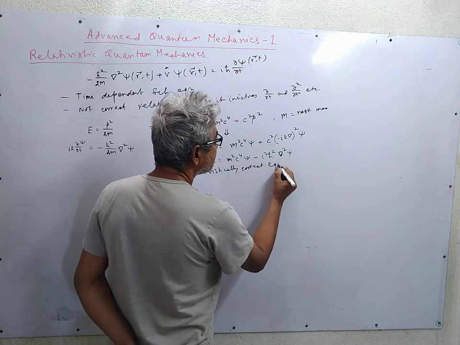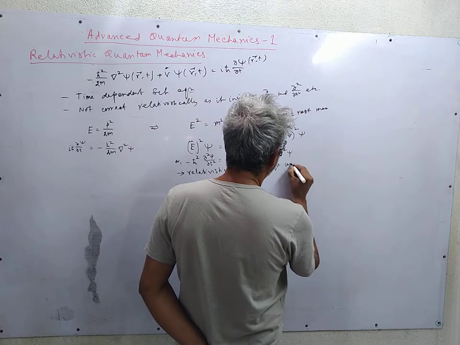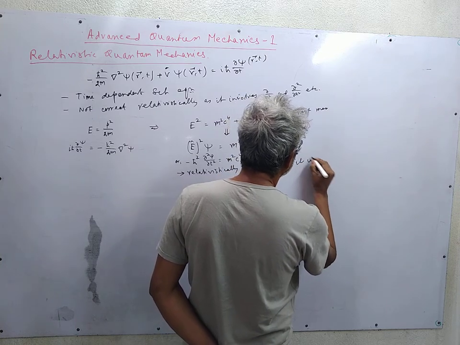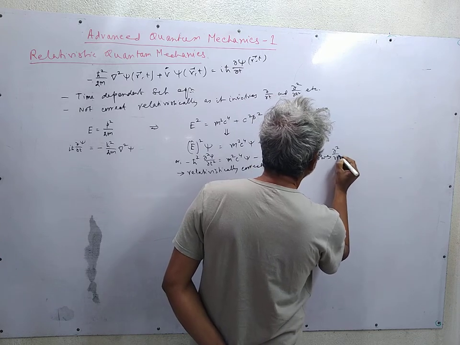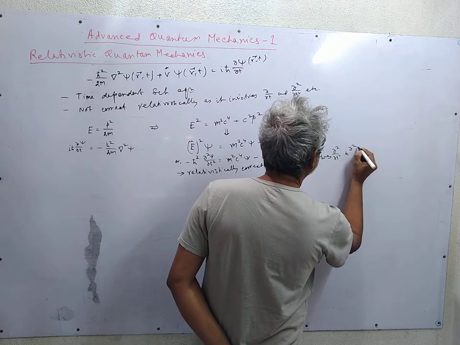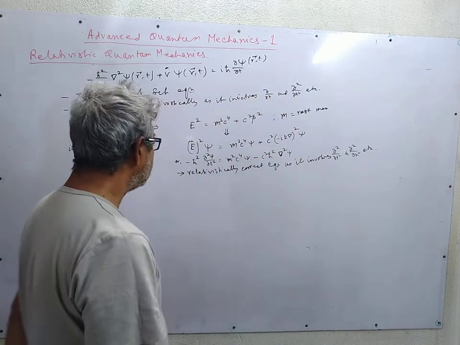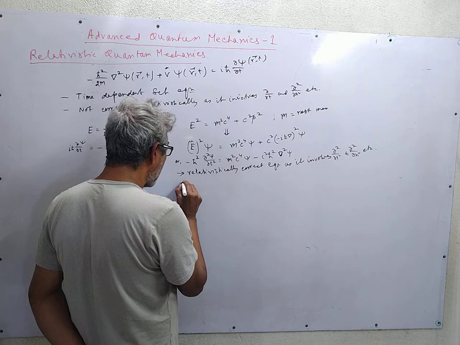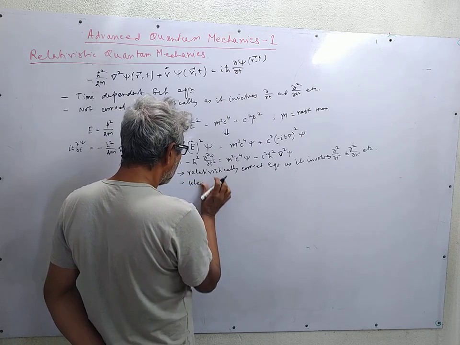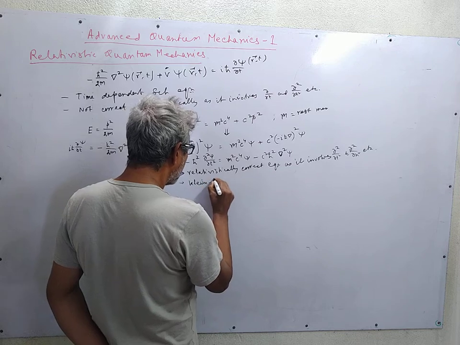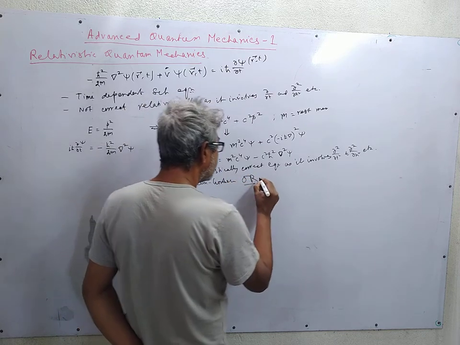It involves del 2 del t2 and del 2 del x2, etc. This equation is known as the Klein-Gordon equation, or Schrödinger's relativistic equation.